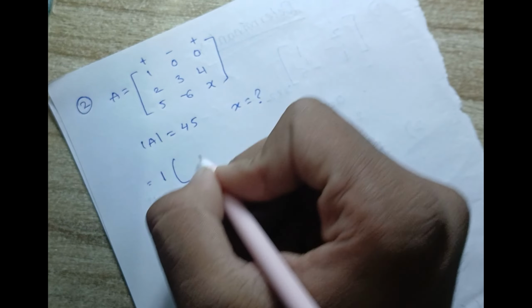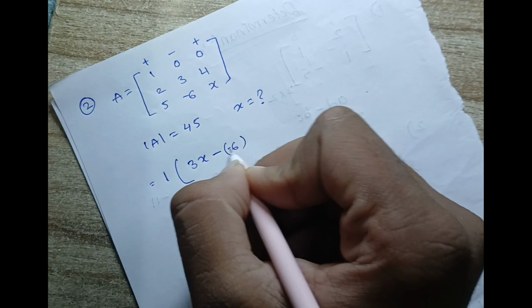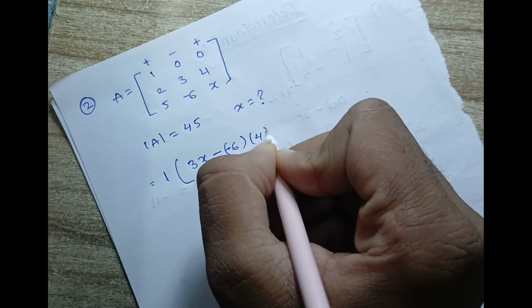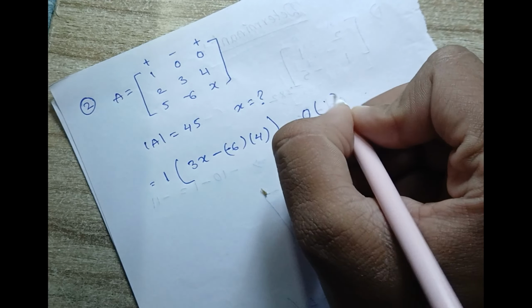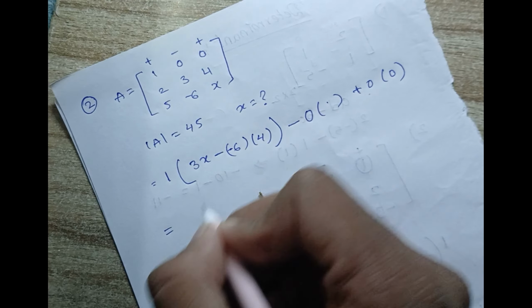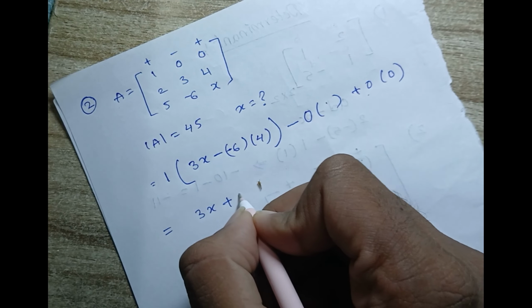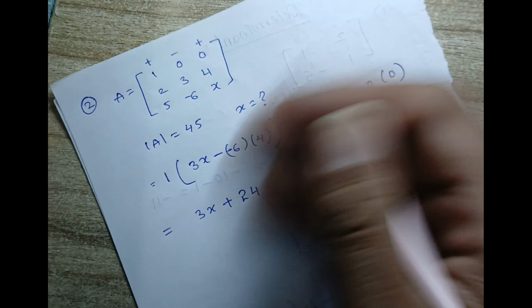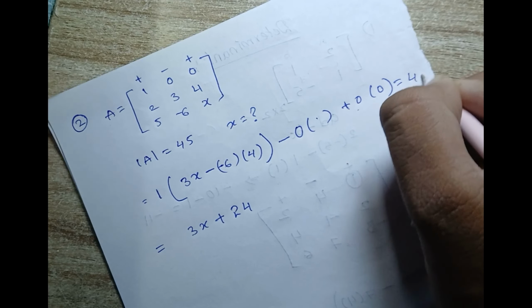That is 3 into x, 3x, minus 6 into 4, minus 0 into anything 0, plus 0 into anything 0. That is equal to 1 into 3x, minus into minus plus 6 4s are 24, and the determinant is given as 45.